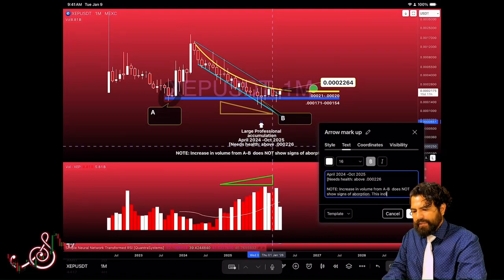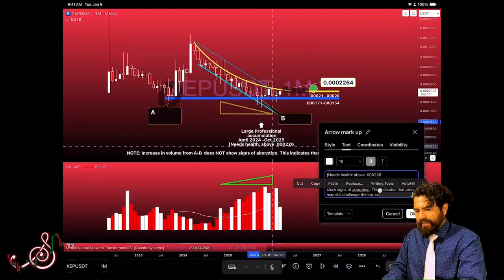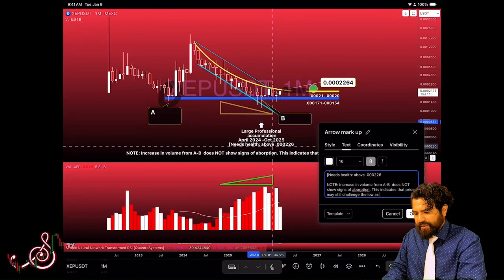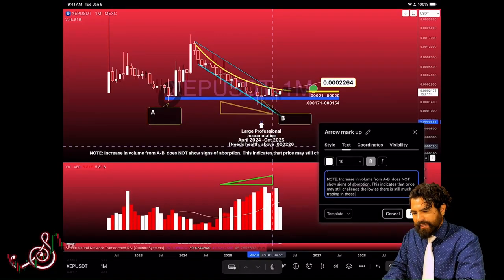This indicates that price may still challenge the low as absorption, as I would say, since I used the word absorption, as there is still much trading in these areas.